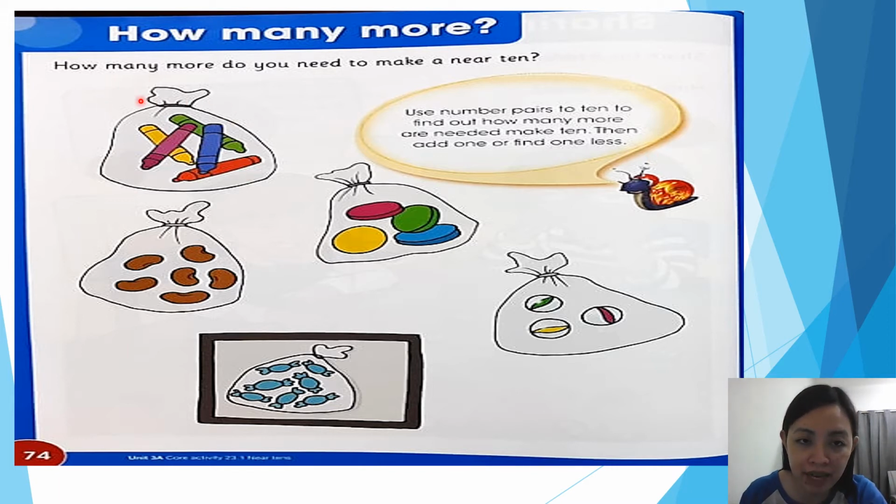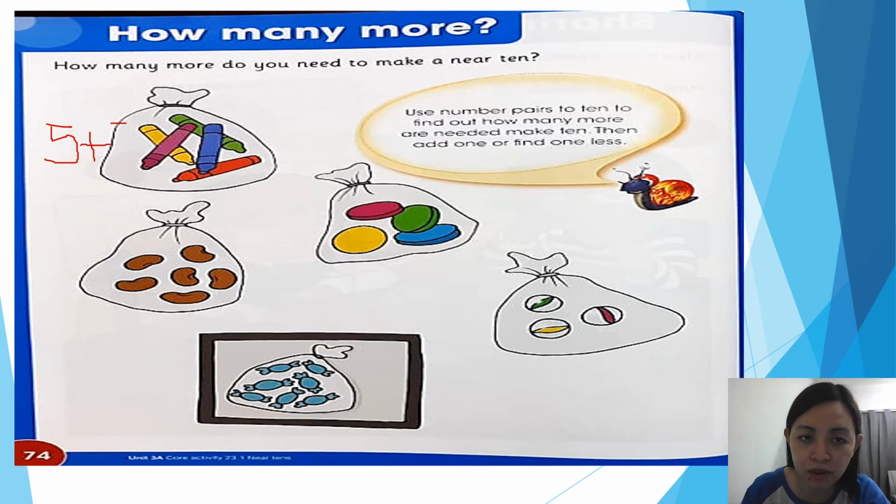The first bag has colors inside. Let's count the colors. 1, 2, 3, 4, 5. So if you observe, there are 5 colors. Now, what number should be added to 5 to make 10?